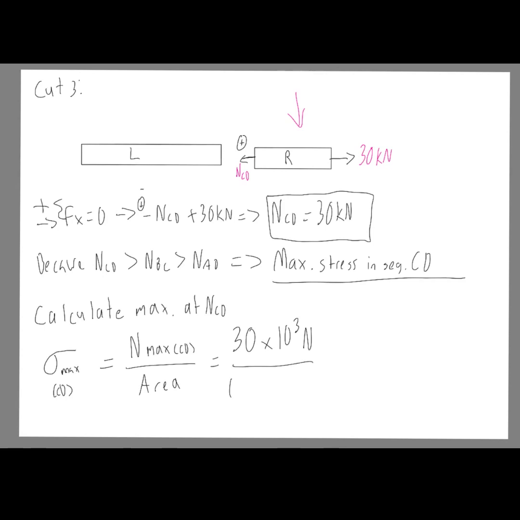And then 13 times 10 to the negative third meters, because we're converting millimeters to meters, as well as the 45 times 10 to the negative third meters, because we are also converting that from millimeters to meters.